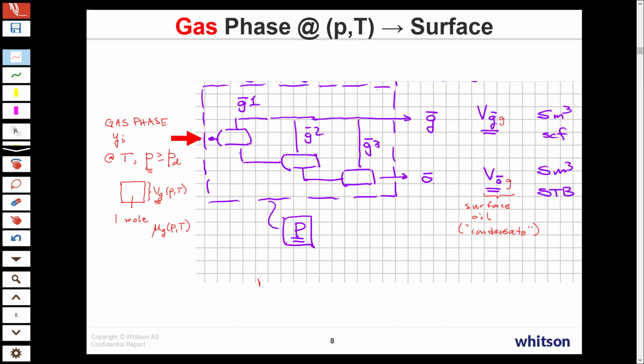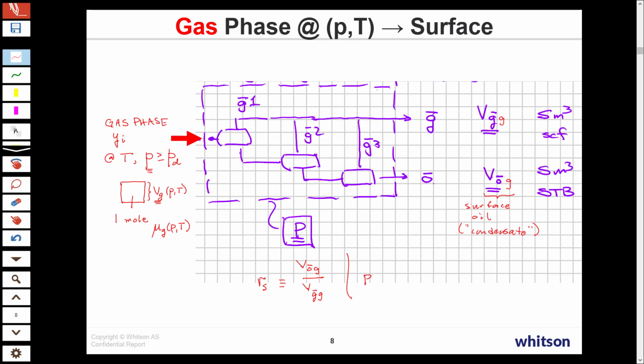The volume ratio little rs for the gas phase is defined as the amount of surface oil or condensate coming from the gas phase divided by the surface gas product coming from the gas phase. That's our so-called CGR, condensate gas ratio. So that's by definition our little rs term.